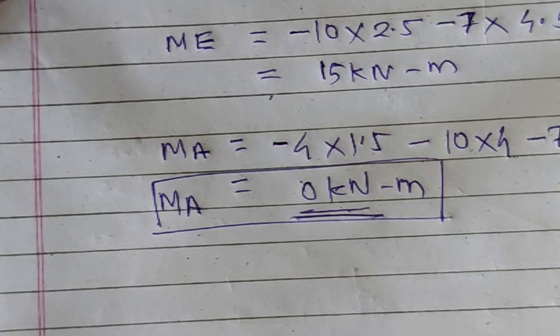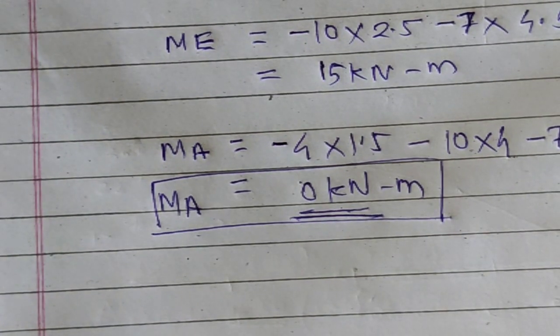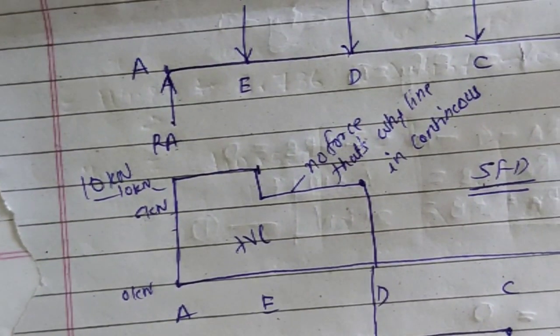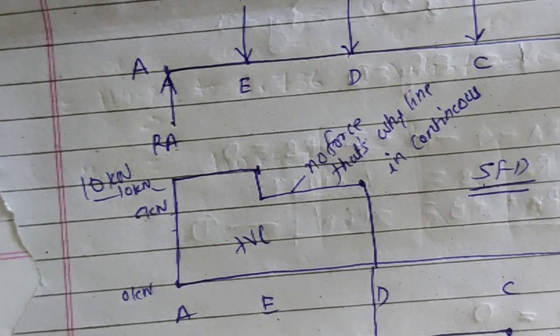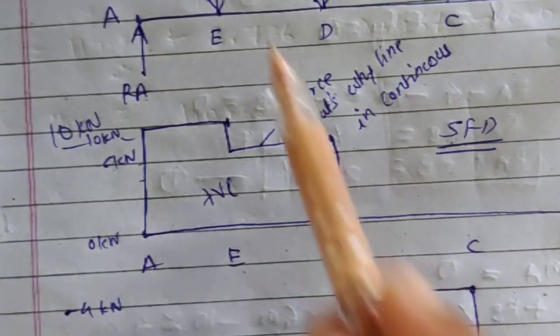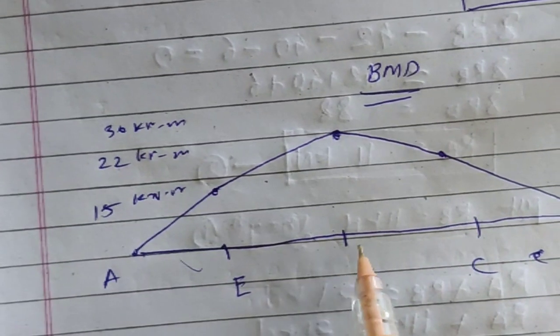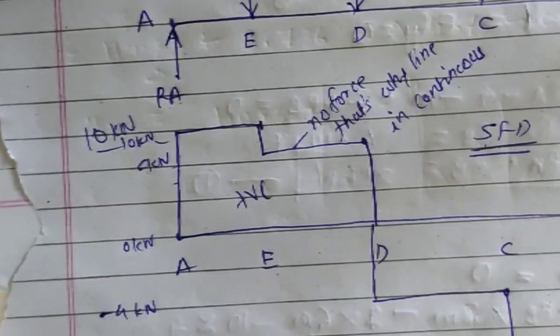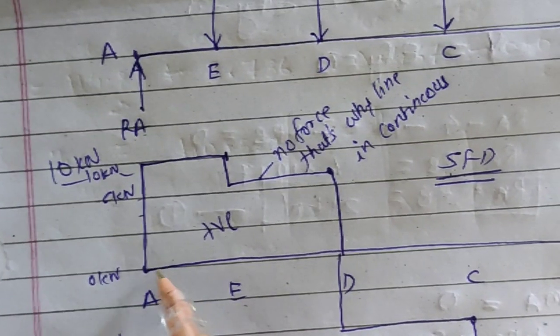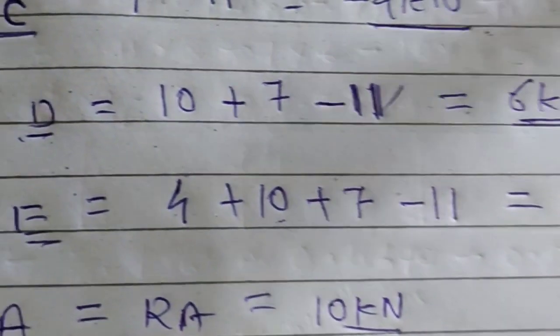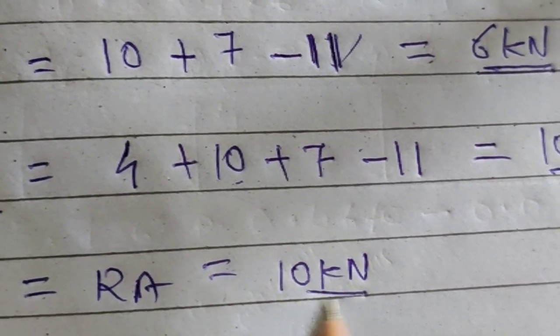Now we will draw the shear force diagram and bending moment diagram at each and every point. I have already drawn this SFD and BMD, so we can explain faster. So this is our question, this is our SFD diagram, and this is our bending moment diagram. I will explain one by one. Our span is from A to B. Shear force at A is 10 kilonewton.